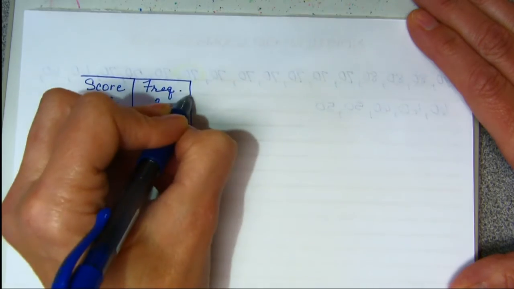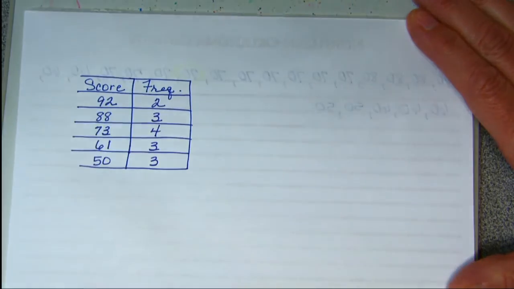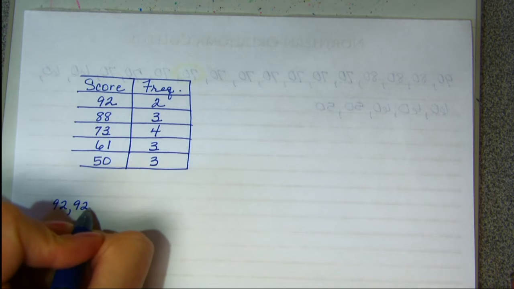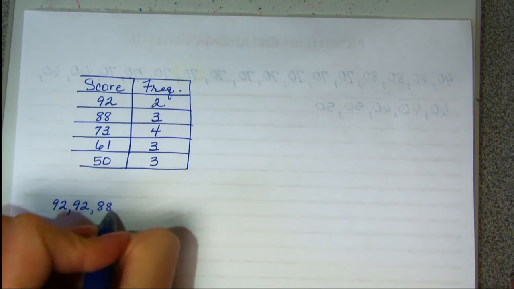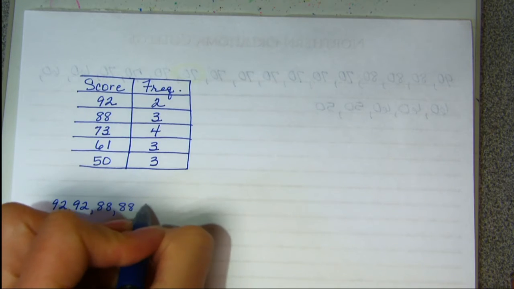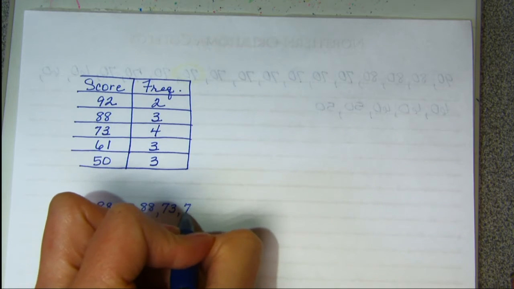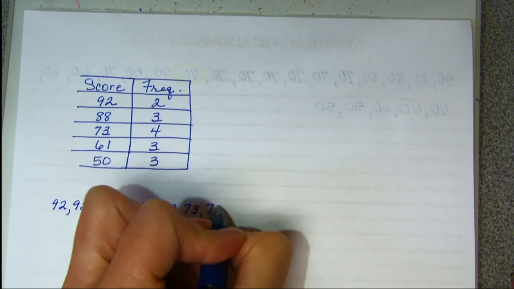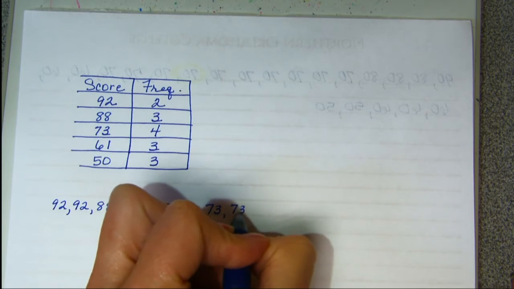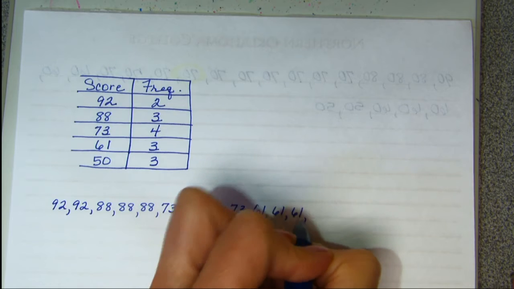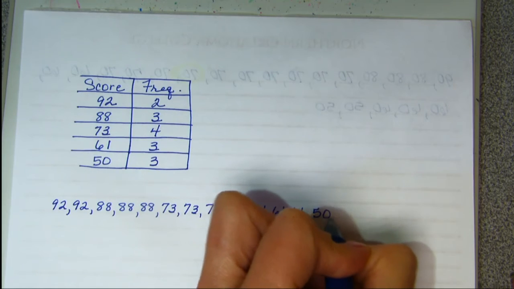All right. So, remember, that would be like having 2 92s, 3 88s, 4 73s, 3 61s, and 3 50s.